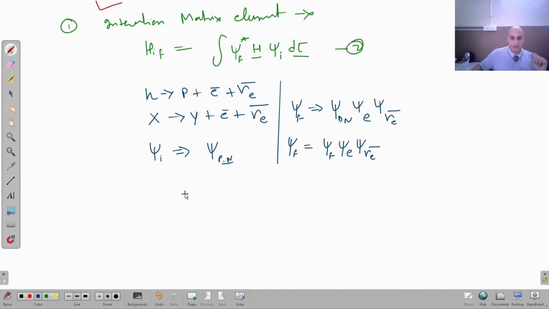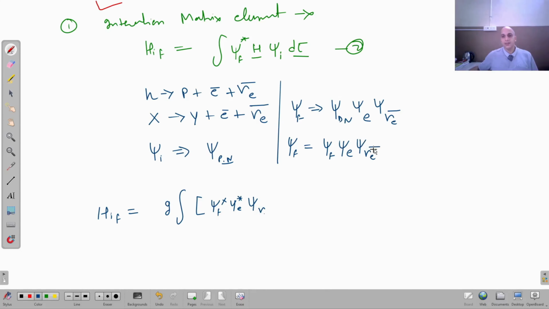So I can say that H_if is equal to the integral of, I am taking Z here, I will tell you what is the meaning of this Z, psi final star, psi electron star, psi neutrino.